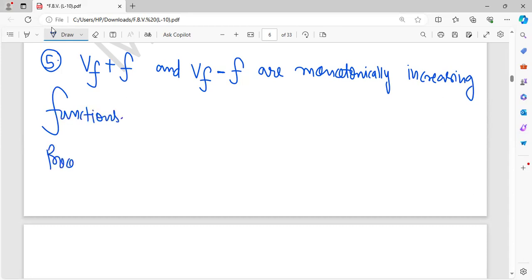Let's see its proof. Let x1, x2 belong to the closed interval [a, b] with x1 less than x2.